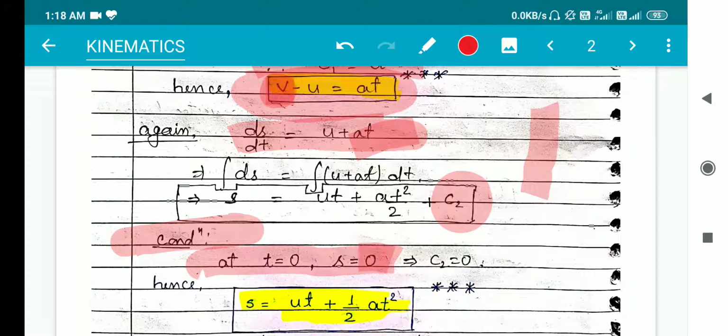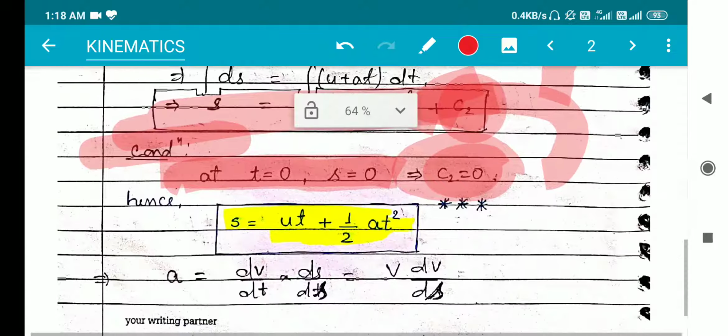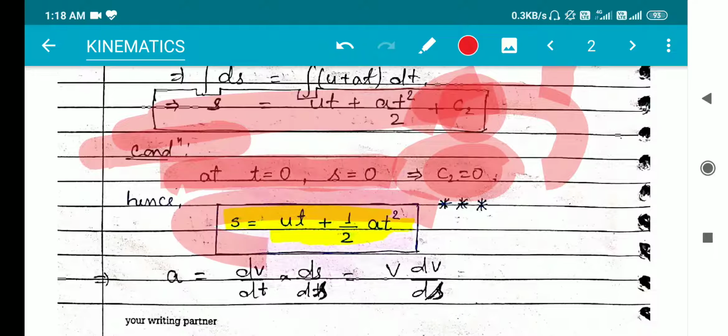By applying this condition, we get the arbitrary constant c2 equal to 0. So applying this value, we get the equation s equal to ut plus half at square. This is again one of the very important equations.